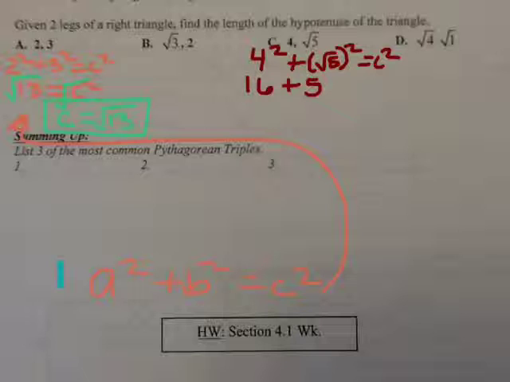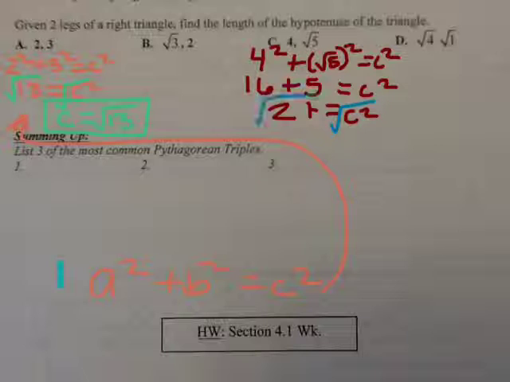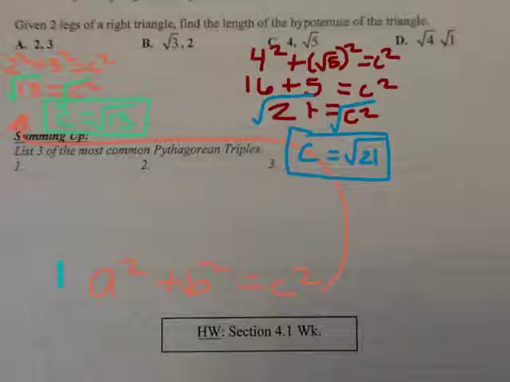So it just gets rid of the radical and leaves you with the number underneath. And then 16 plus 5 is 21. Then square root both sides again. 21 is not a perfect square. We can't simplify it, so we're going to leave it as the square root of 21.